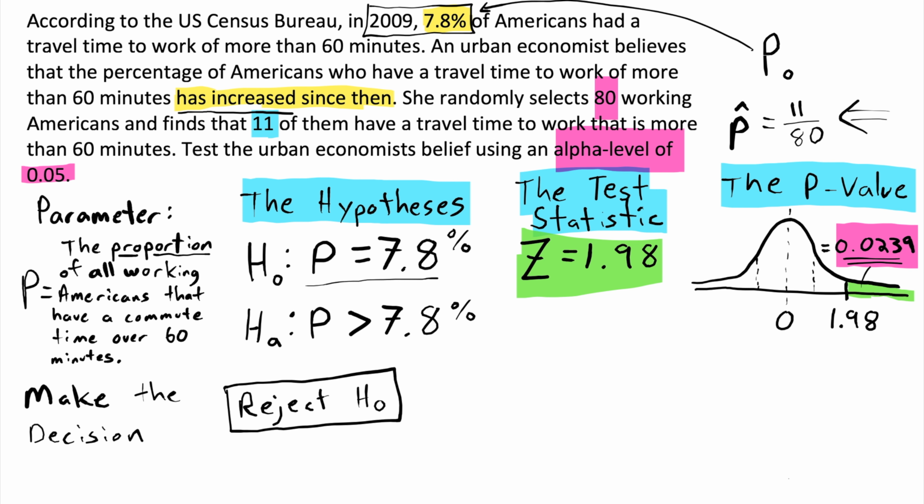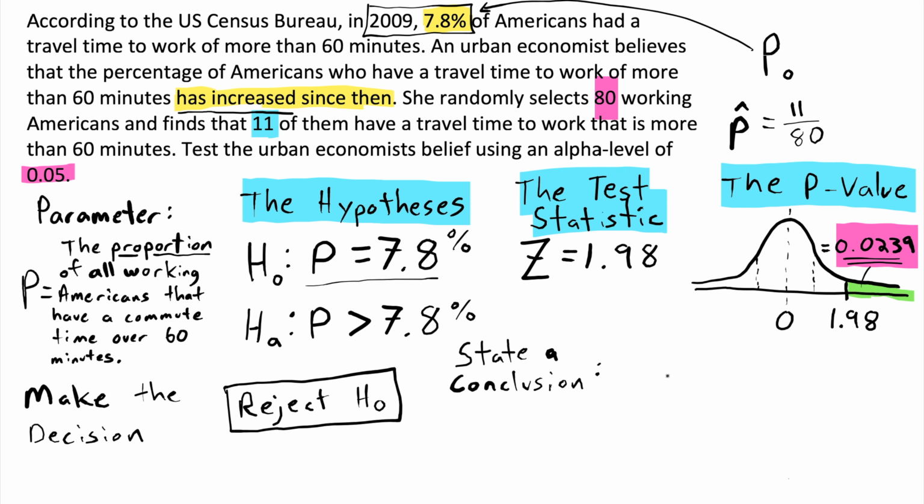And the last step is to state a conclusion, to talk in relatively non-scientific language about what all this means regarding what this economist wanted to know in the first place, whether or not commute times have increased since this 2009 level. So we always want to start out with something regarding that the result we're about to state corresponds to the data that we collected.